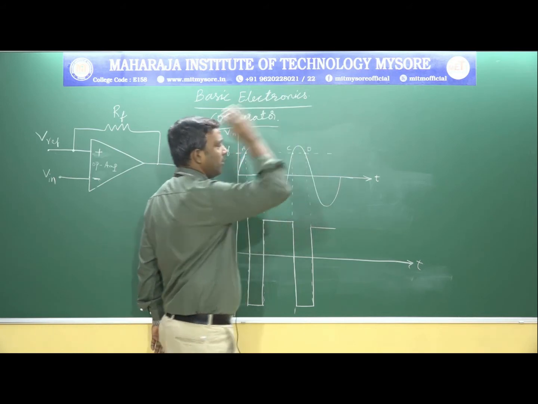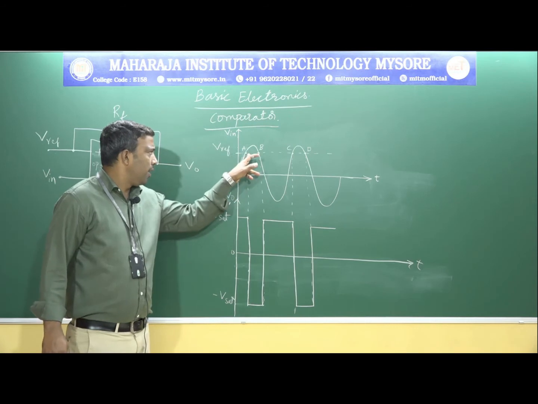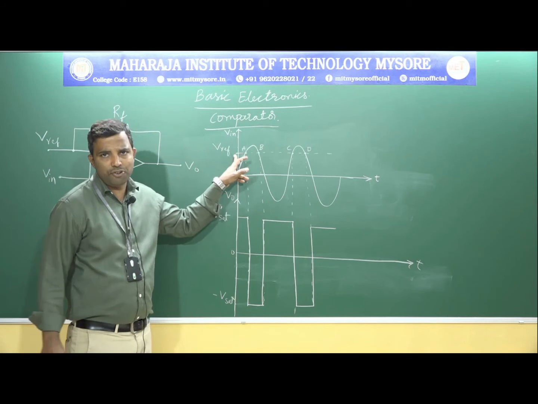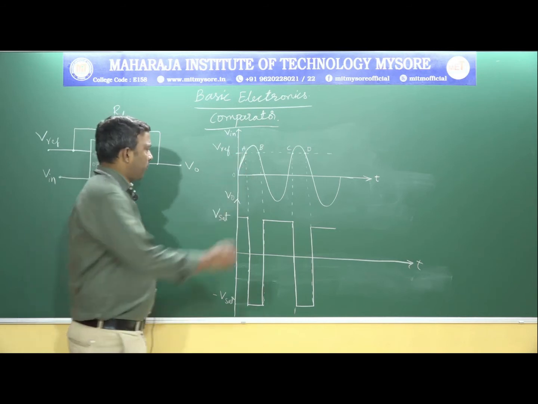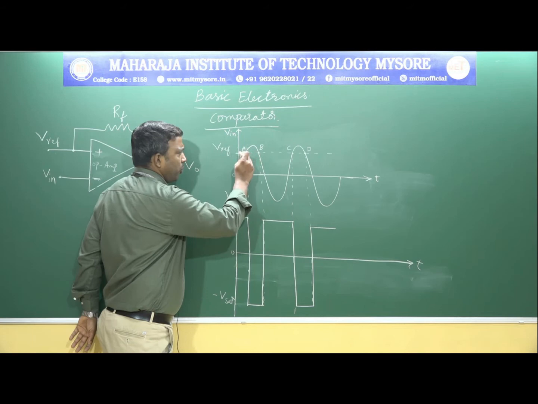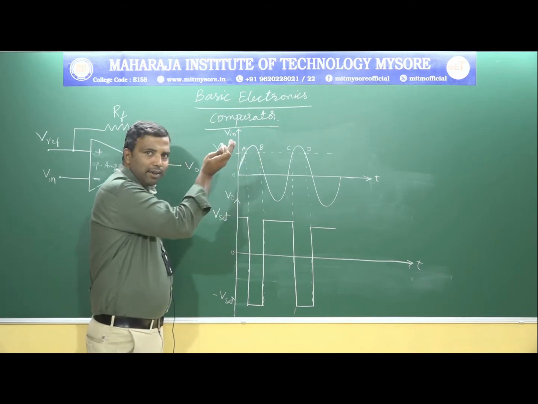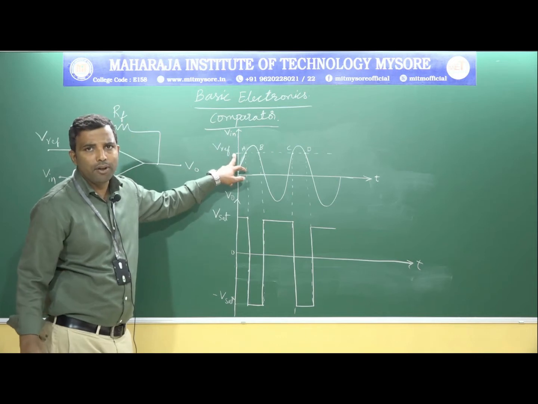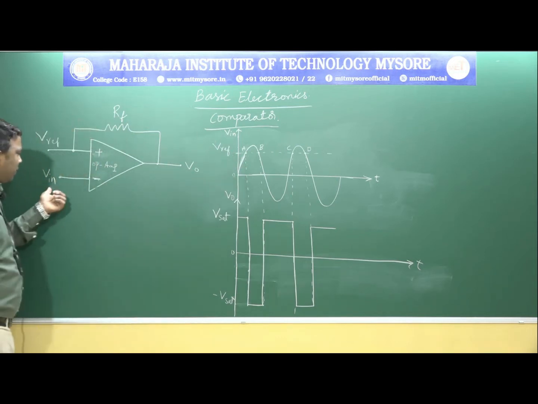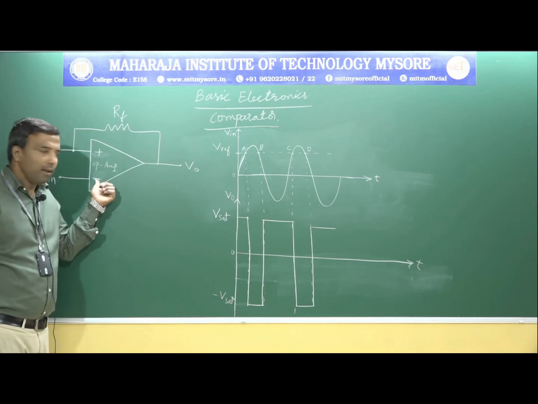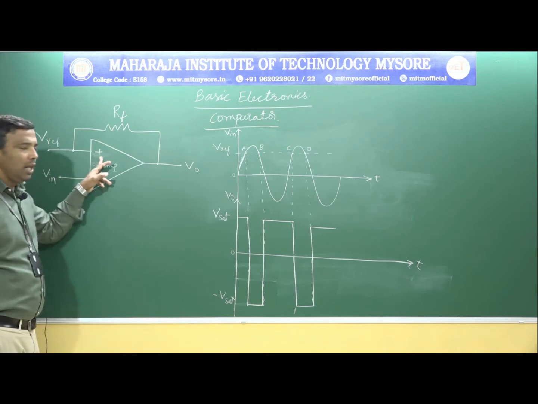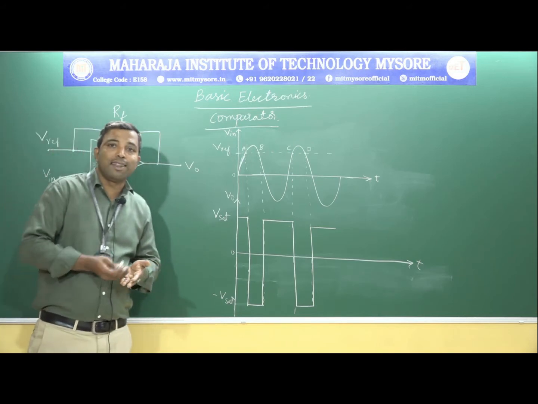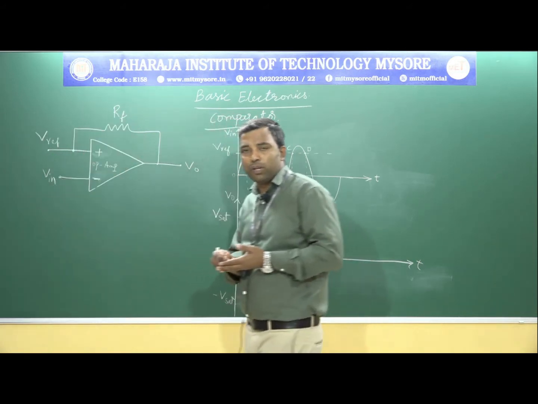From 0 to A, the input voltage is lesser than the reference voltage. Is it not? From 0 to A, the input voltage is increasing, but it is lesser than the reference voltage. Input is applied at the negative terminal and reference voltage is applied at the positive terminal. The positive terminal voltage, the V reference voltage, is larger.